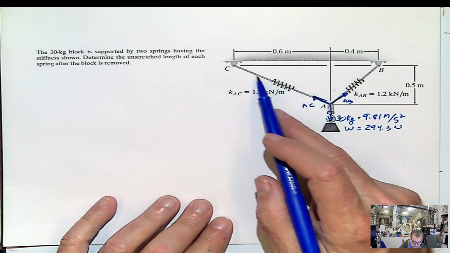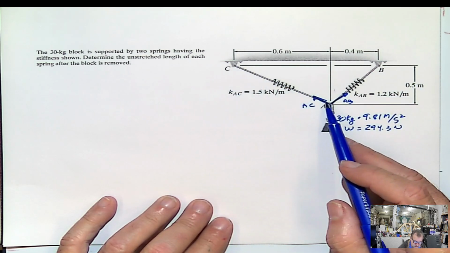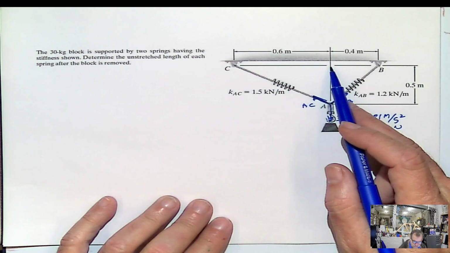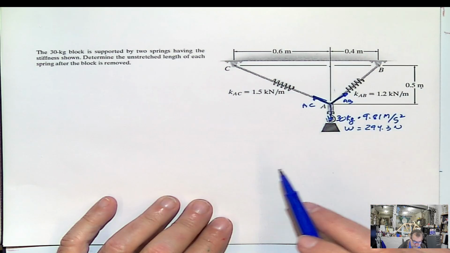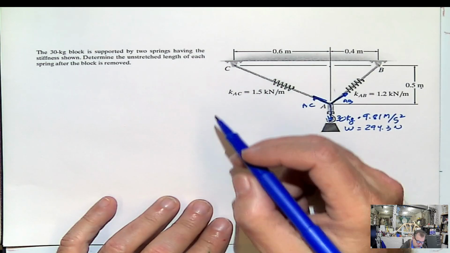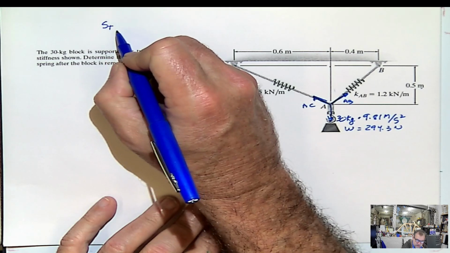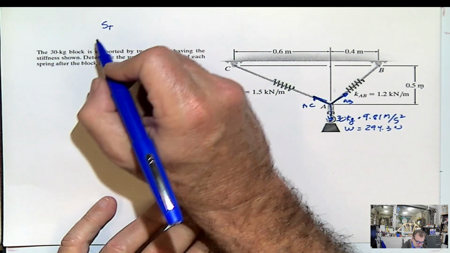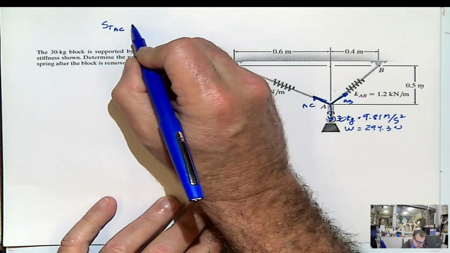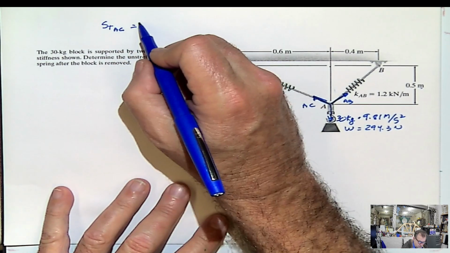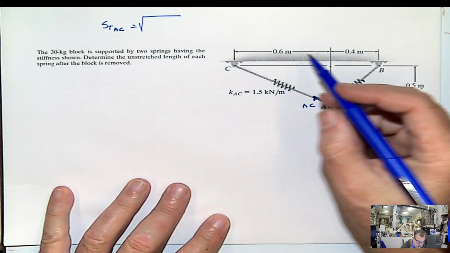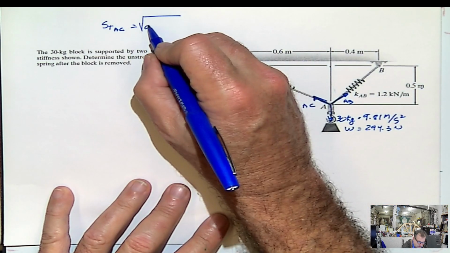For example, this stretch length is going to be just the square root of 0.6 squared plus 0.5 squared. Let's call that the stretch length of spring AC.